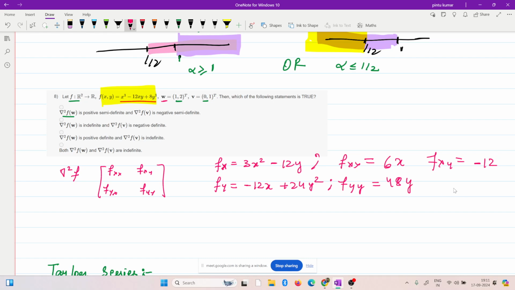And fyx is given by minus 12. So the Hessian matrix is 6x, minus 12, minus 12, 48y.